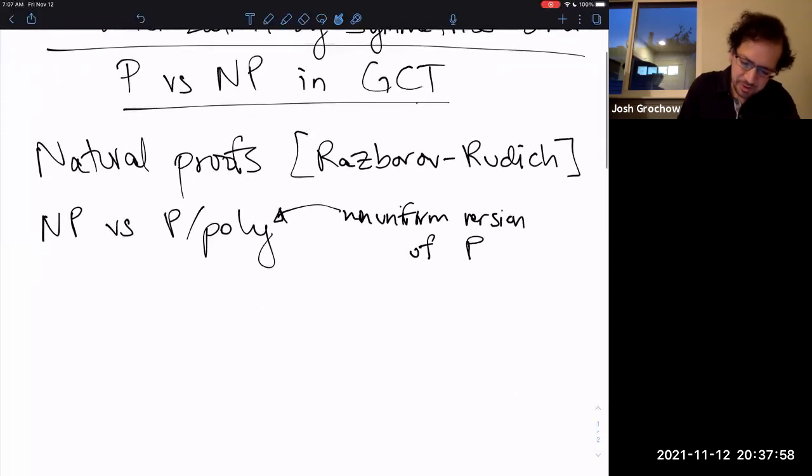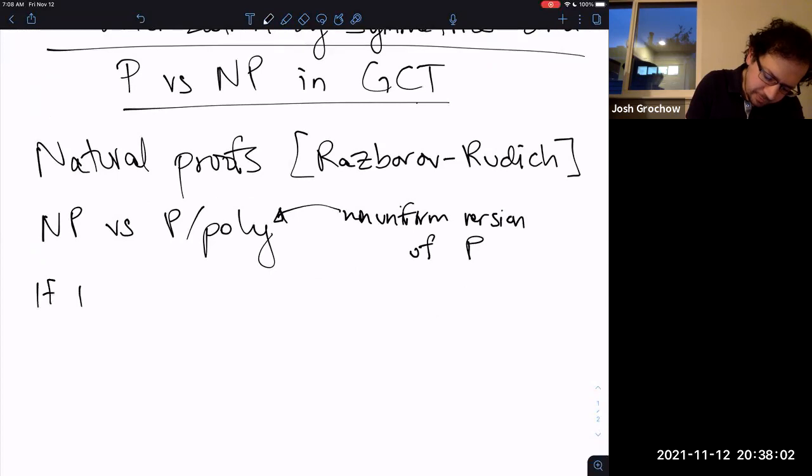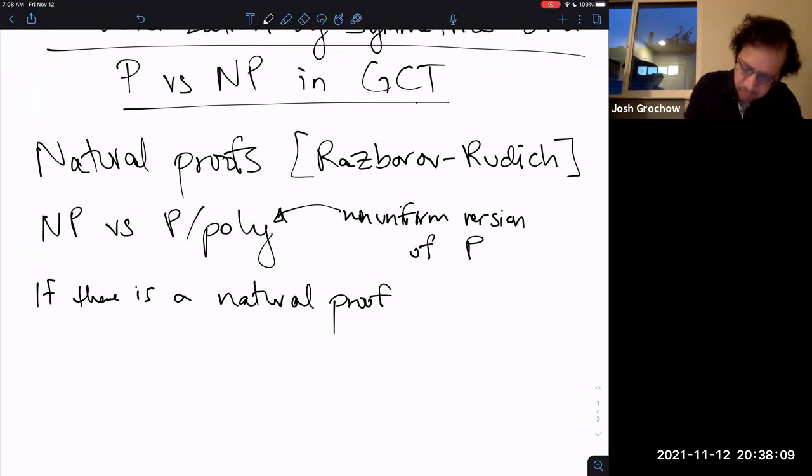What they said was basically, if there is a natural proof, where this is now a technical term of art, there's a real definition here, and I will give you the flavor of this definition. I don't want to get too much into the details.